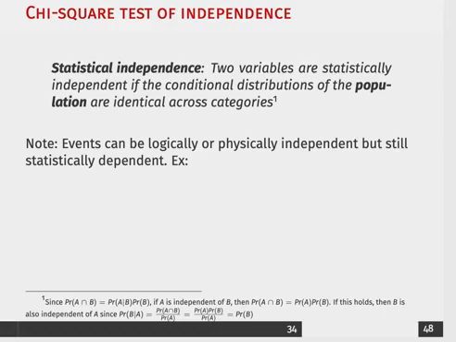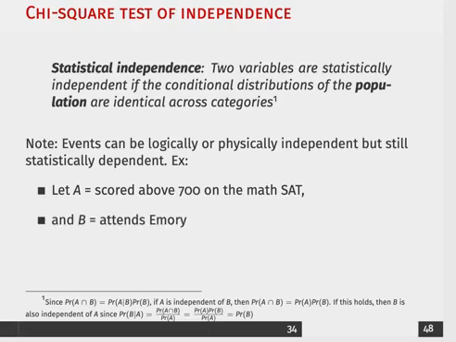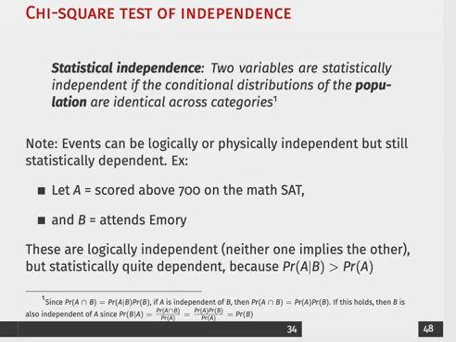Now, it might seem a little bit more clear how your political preferences could impact the likelihood that you are a Democrat and support an abortion policy, but there are some trickier examples where you might have a student who scores 700 or more on the math portion of the SAT, and you can also have another event be attending Emory.